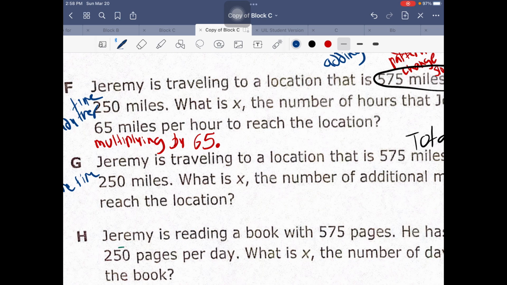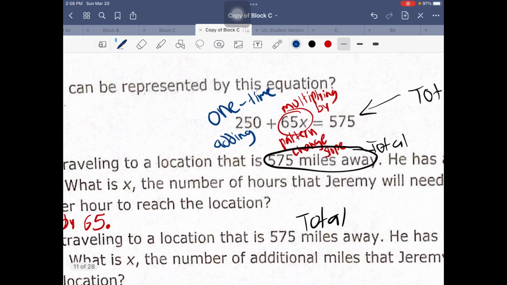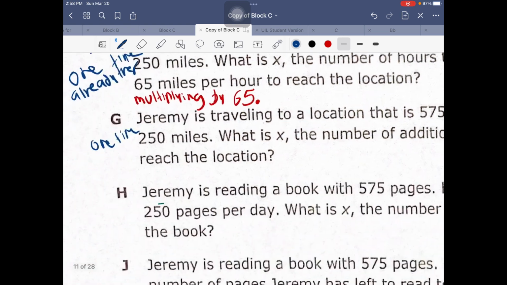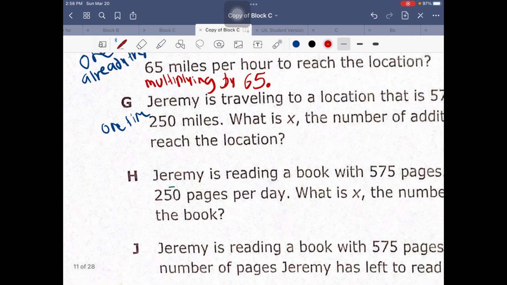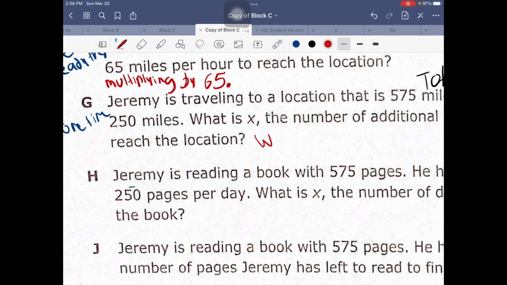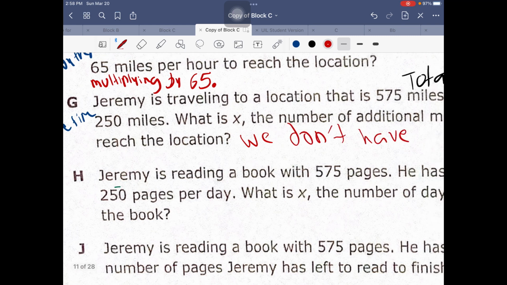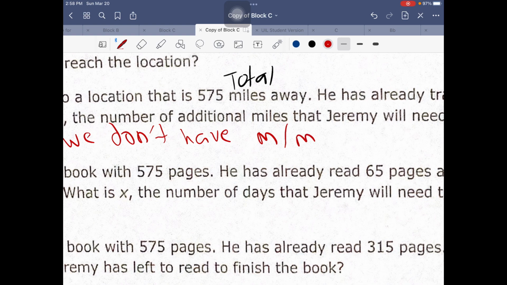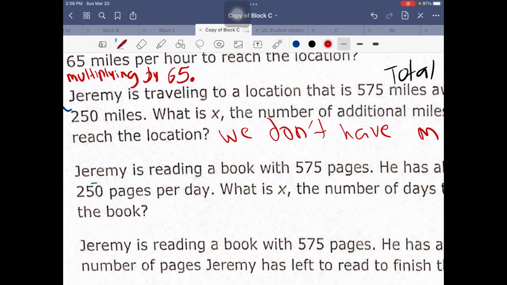What G does not have is 65x. You're not multiplying by anything. We don't have multiplication. We don't have the 65.